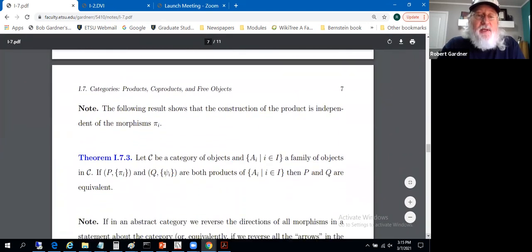The statement is, let C be a category of objects, A sub i from some indexing family, a family of objects in C. We're defining product, this is that alternative notation, a product P of those objects using the pi sub i's in the definition. And we're also defining Q as a product of those objects, but this time using psi sub i's.